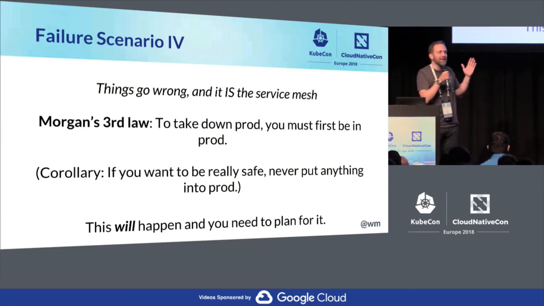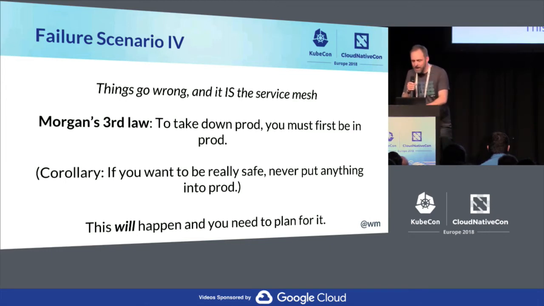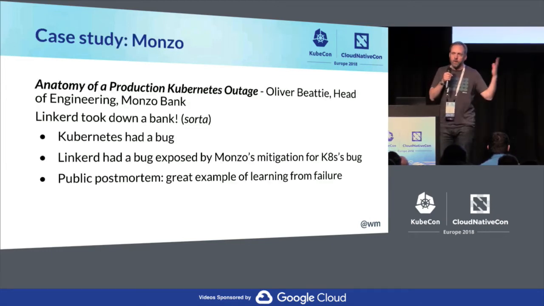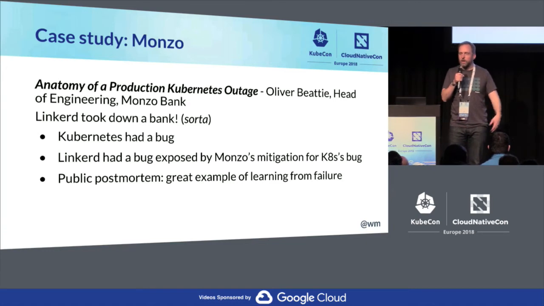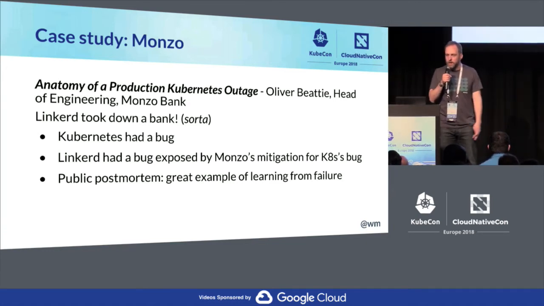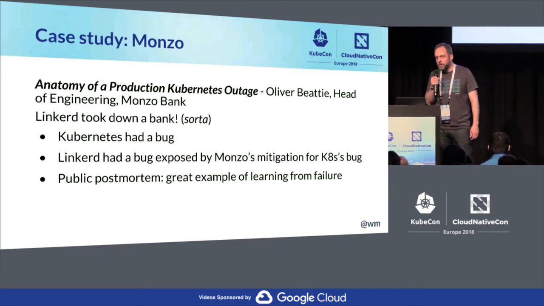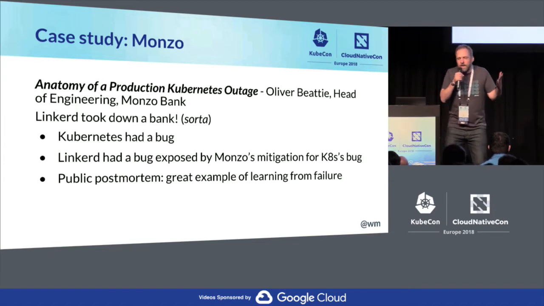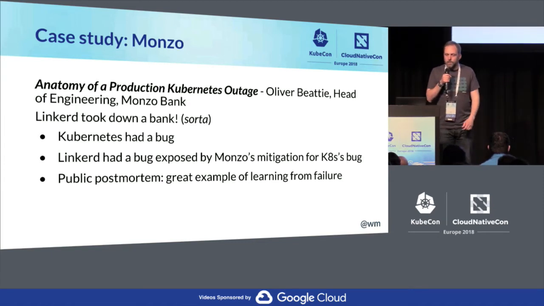And this is not service mesh specific. Any tech that goes into prod is going to break, and you need to have a plan for it. All right, and we had a really great example of this yesterday with Oliver Beatty's keynote, Anatomy of a Production Kubernetes Outage. Linkerd took down a bank, sort of.